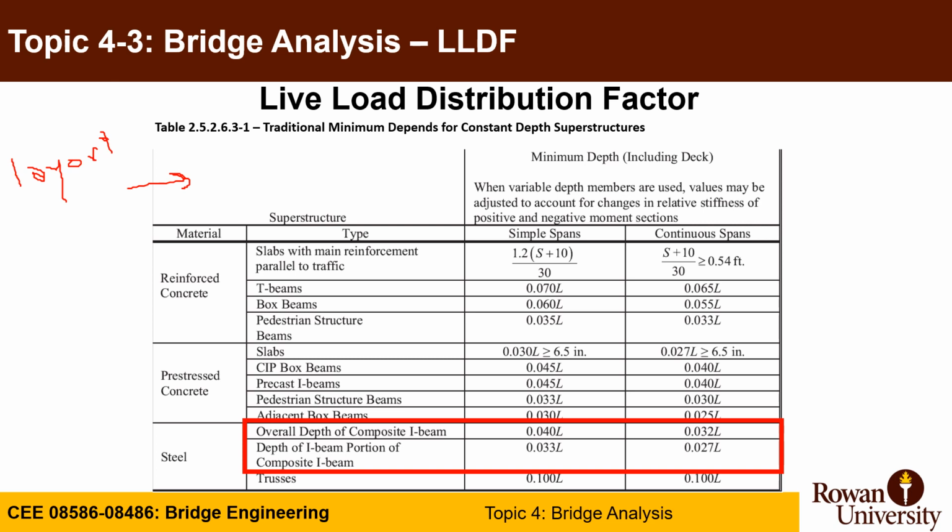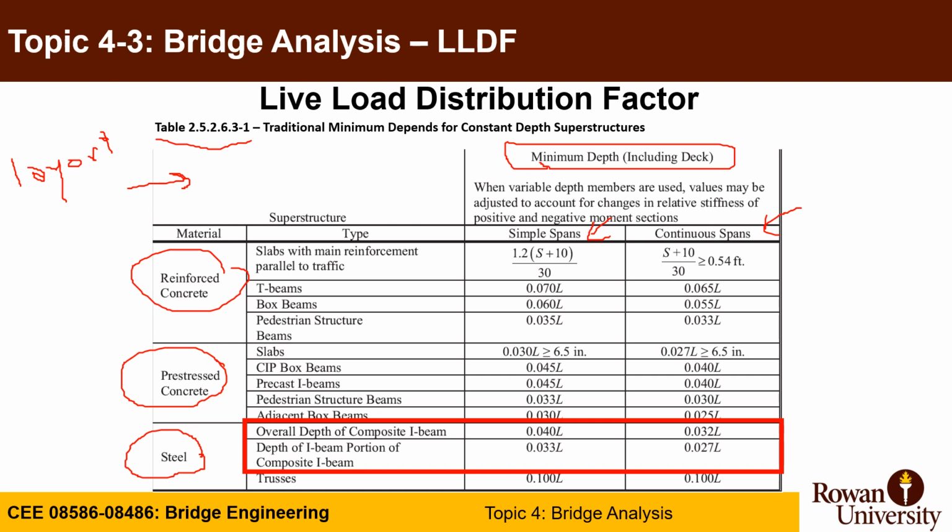For example, here in case of steel girder, one of the requirements is table 2.5.2.6.3-1, which gives you the minimum depth, including deck thickness, that is required for case of simple spans or continuous spans based on material types and superstructure types.